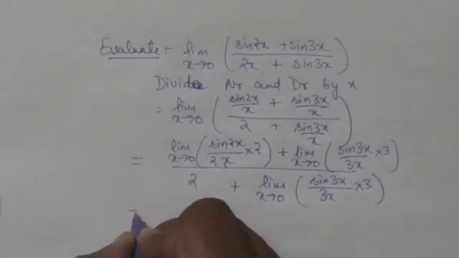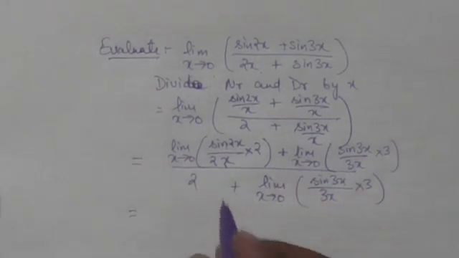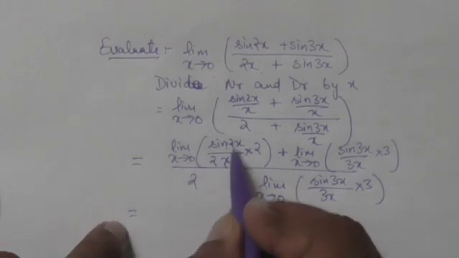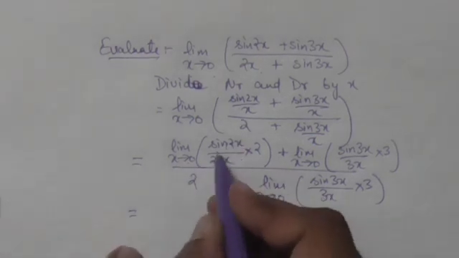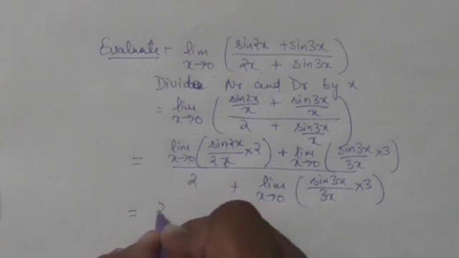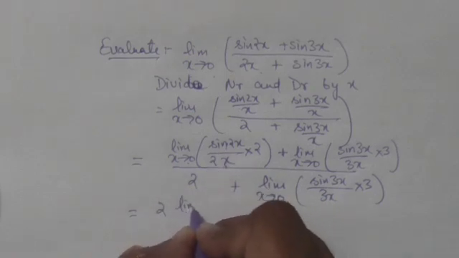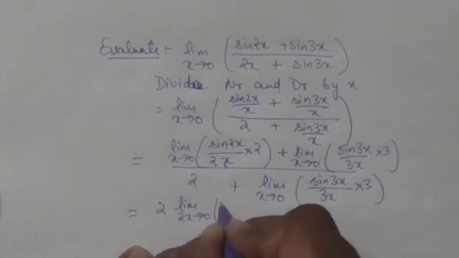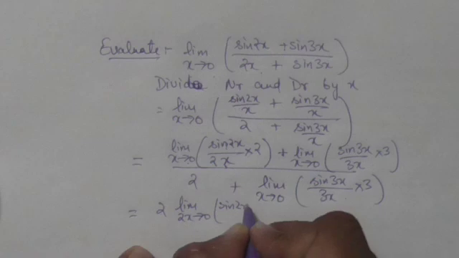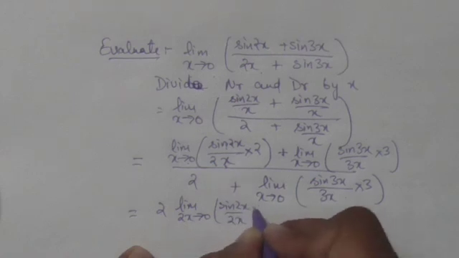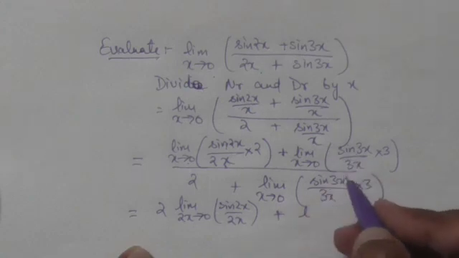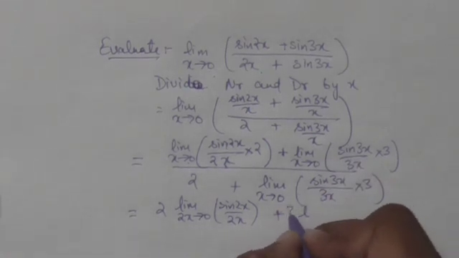Now see, as x tends to 0, therefore 2x will also tend to 0. So here we will have limit 2x tends to 0 sine 2x upon 2x plus, as x tends to 0, 3x will also tend to 0.